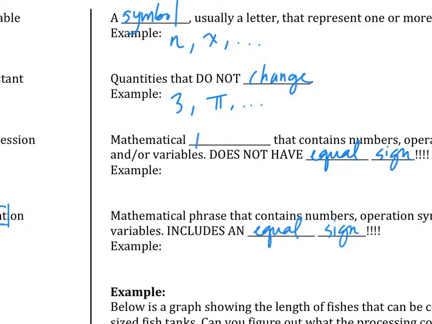Both of them are mathematical phrases, like a sentence that has numbers, operating symbols, or variables. Can someone give me an example of an expression? X plus 2, perfect. And then what about an equation? Yeah, very good. X plus 2 equals 5.